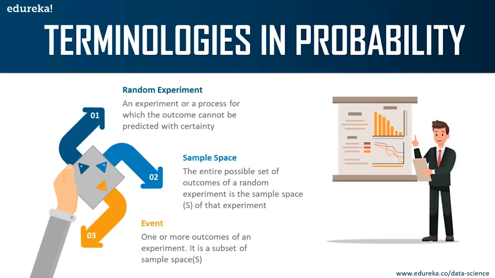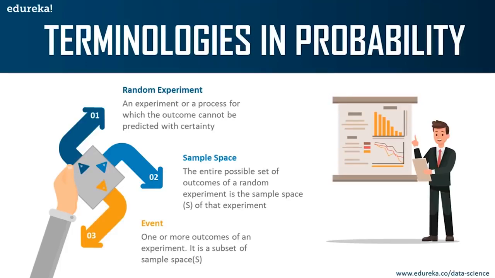All the possible outcomes represent your sample space. So 1 to 6 are all your possible outcomes. This represents your sample space. Now, an event is one or more outcomes of an experiment. In this case, my event is to get a 2 when I roll a dice. So guys, this is basically what random experiment, sample space, and event really mean.